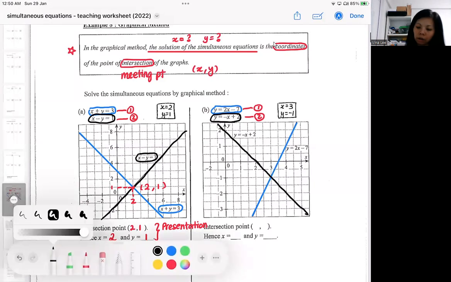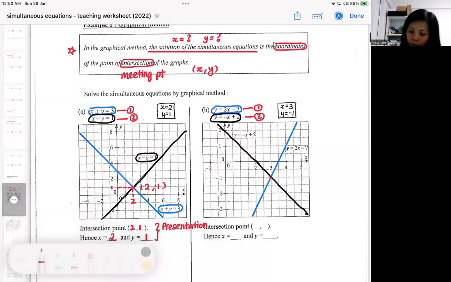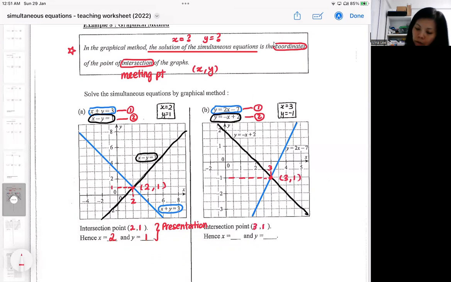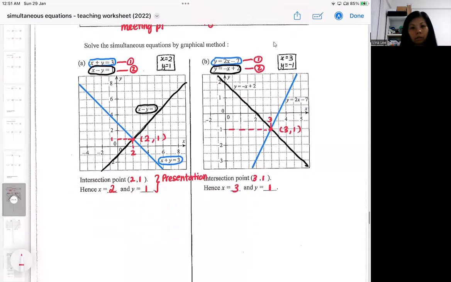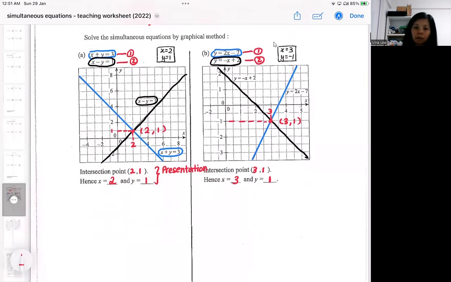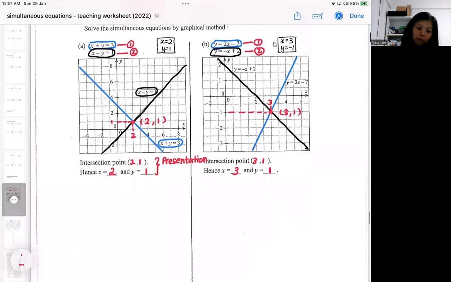After you get the two lines, you go for the meeting point. Once you go for the meeting point, you look at the coordinates. The coordinate is 3, 1. So x is equal to 3, y is equal to 1. If you go by the elimination method or substitution method, you will get the same answer.